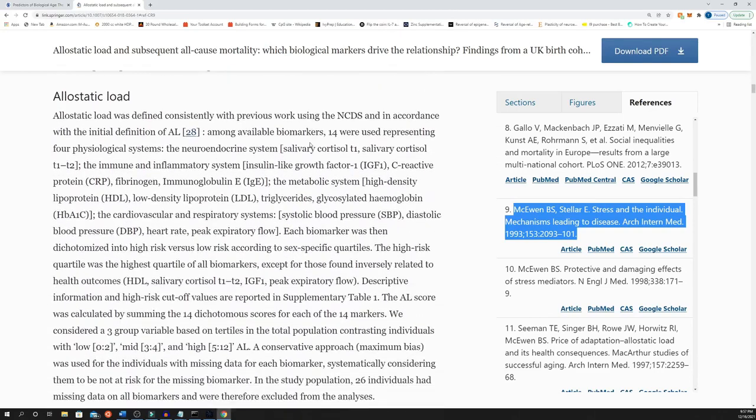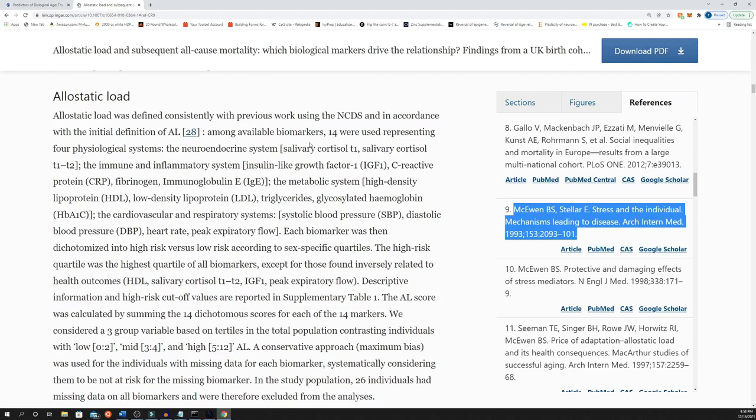But what they did is they defined measures of allostatic load. So it's this idea that you can throw measures together that are correlated with health and with stress, and you can build an index to measure a variety of things. But in this case, they're trying to measure basically cumulative wear and tear that the body takes on in an effort to maintain homeostasis.